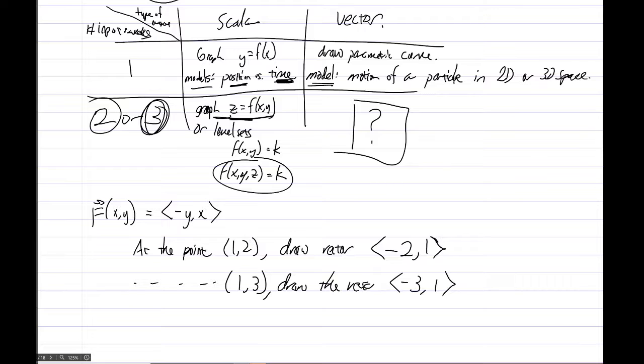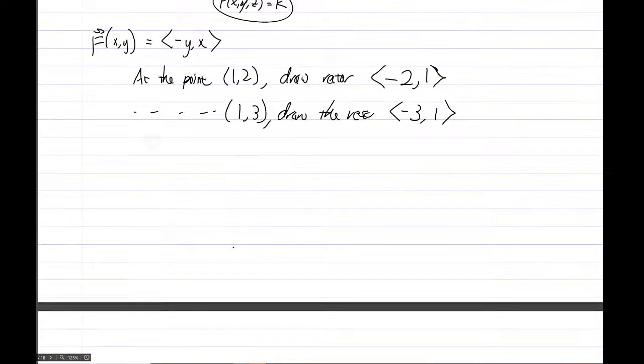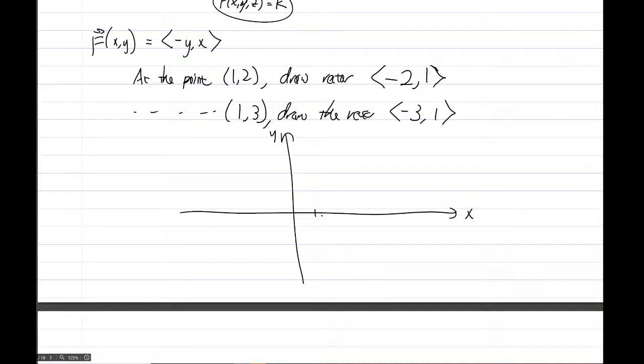Let's go ahead and draw a very quick picture of these things. Like that, x-axis, y-axis, 1, 2, 3, 4. Something like 1, 2, 3. Let's just go with that. Then at the point 1 comma 2, at this point, we need to draw in the vector negative 2 comma 1.